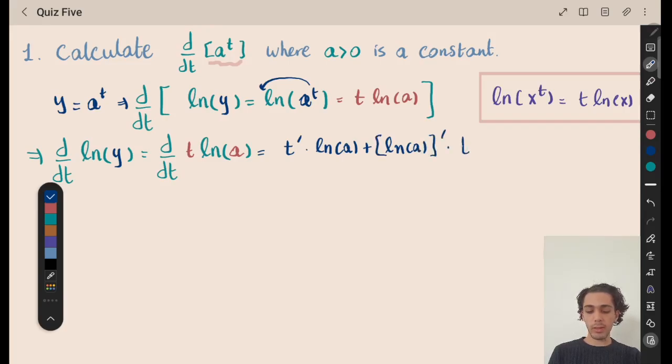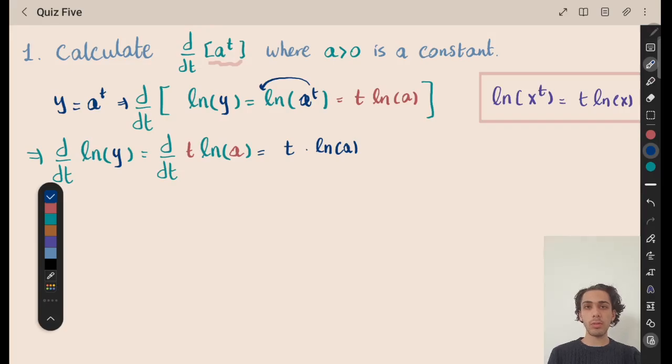times t. But here's the catch. Ln of a is a constant. And so if you take the derivative of a constant, it's just 0. So this is 0, so actually the whole term is 0. And so I don't need to write this down. All I need to do is just worry about this expression. But even this expression is not too difficult because the derivative of t is 1.